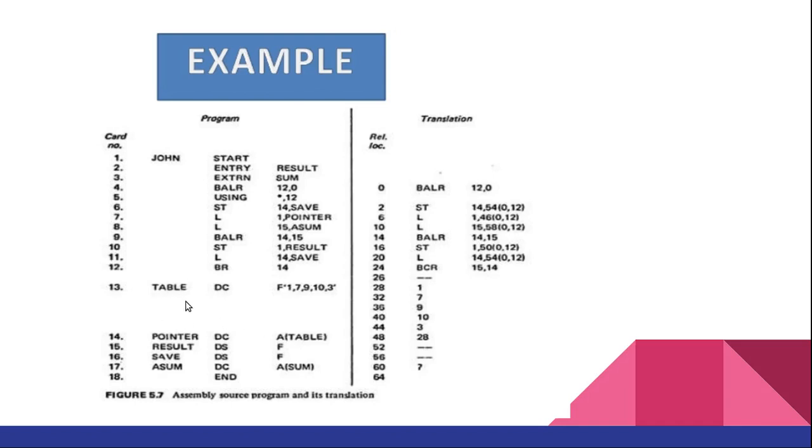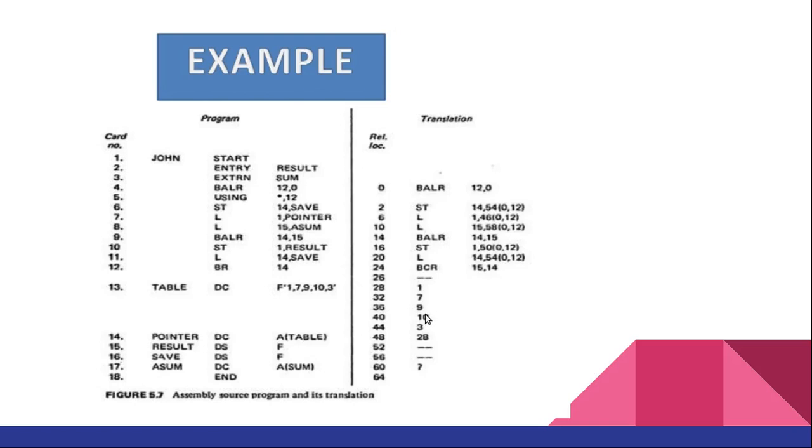But the assembler doesn't know the absolute address of table because we don't know where the program is going to be loaded. When you look into the object program, the contents of the table start from the 28th byte. The table contents mentioned in the source program are 1, 7, 9, 10, 3.